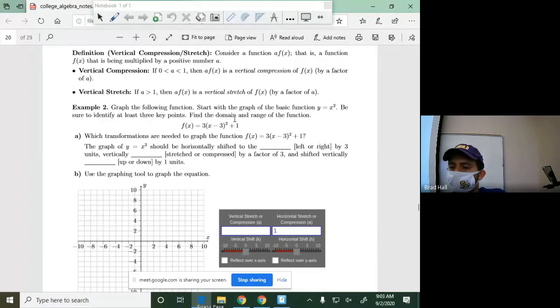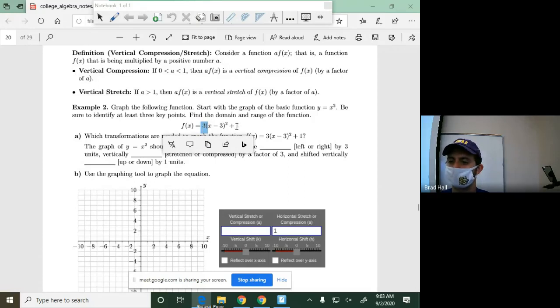Generally, because we deal with functions, y is normally just isolated at all times. But let's look at example 2, and maybe that'll explain things, because it's not technically to the y. So in example 2, obviously the 3 here is multiplying x minus 3 squared.